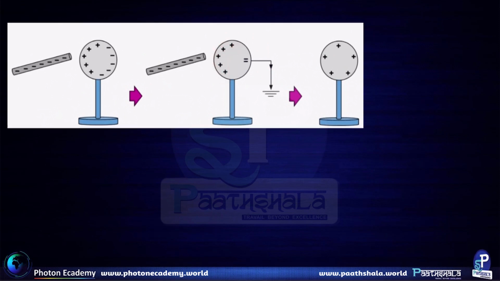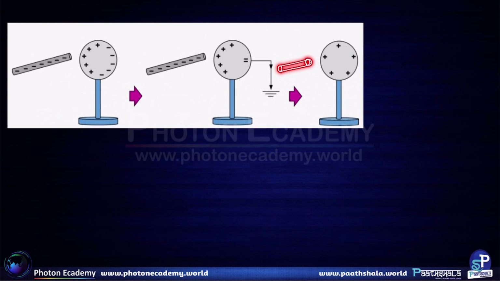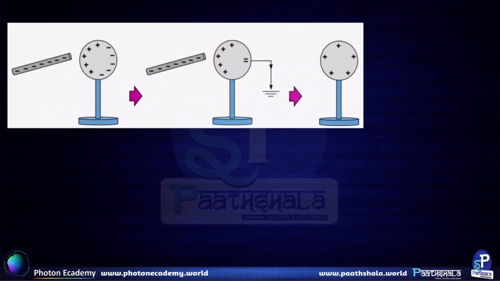All right. And then in the final step, what we do is, we just remove this incoming body. So now in the third step, there is no incoming rod holding the effective positive charge on the object to be charged, and hence this effective positive charge redistributes itself over the entire surface of the body.